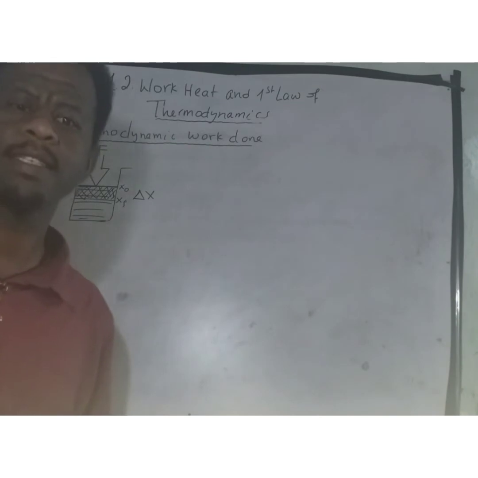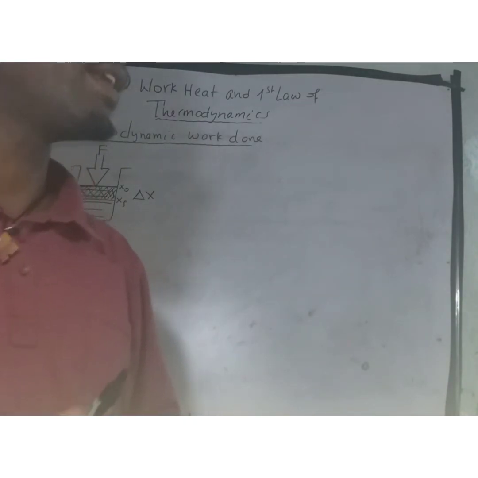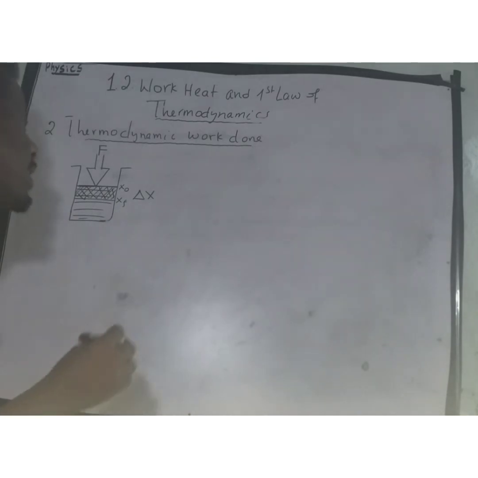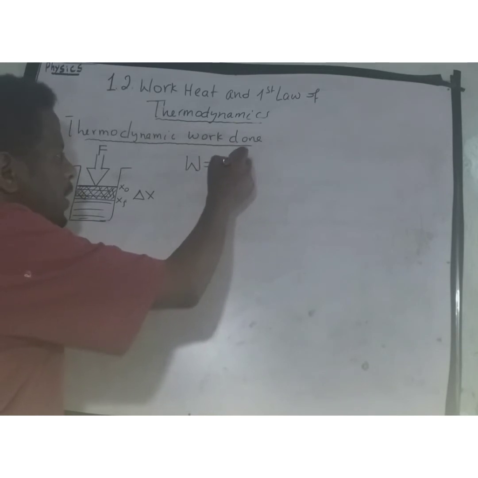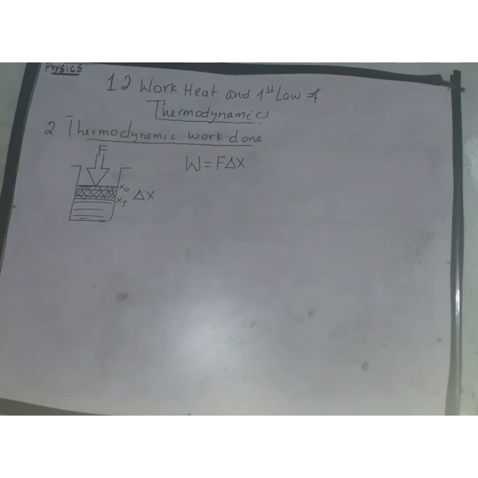In science, work is done when a force is applied on a body and there is a displacement in the direction of the force. This work done is given by work equals force multiplied by distance delta x.